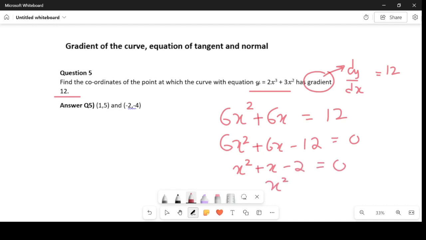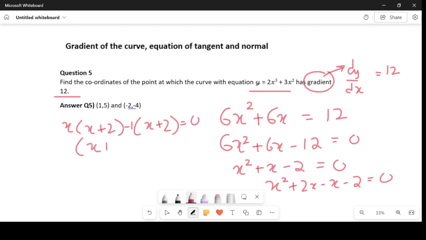Middle term breaking, x squared plus 2x minus x minus 2 is equal to 0. x is common. x plus 2 is left in the bracket. Negative 1 is common. x plus 2 is left in the bracket, equals 0. x plus 2 or x minus 1 equals 0, giving us x equals minus 2 or x equals 1.